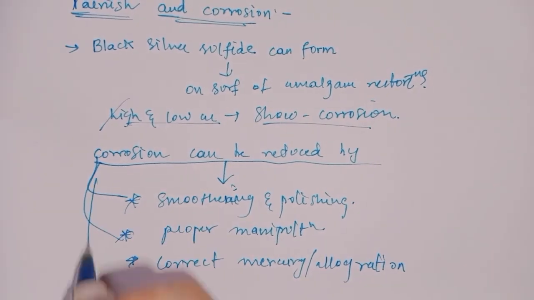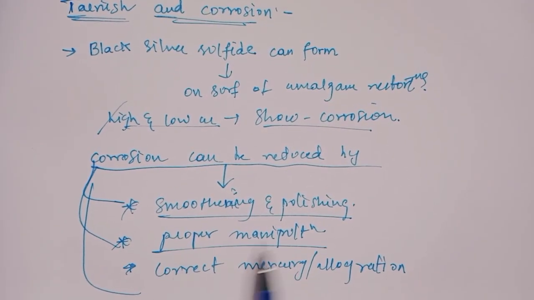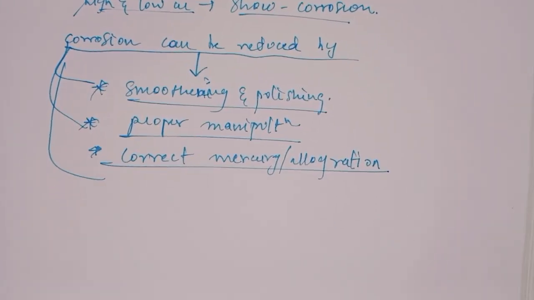Corrosion can be reduced by the following factors: smoothing and polishing of the restoration, proper manipulation, and correct mercury alloy ratio.